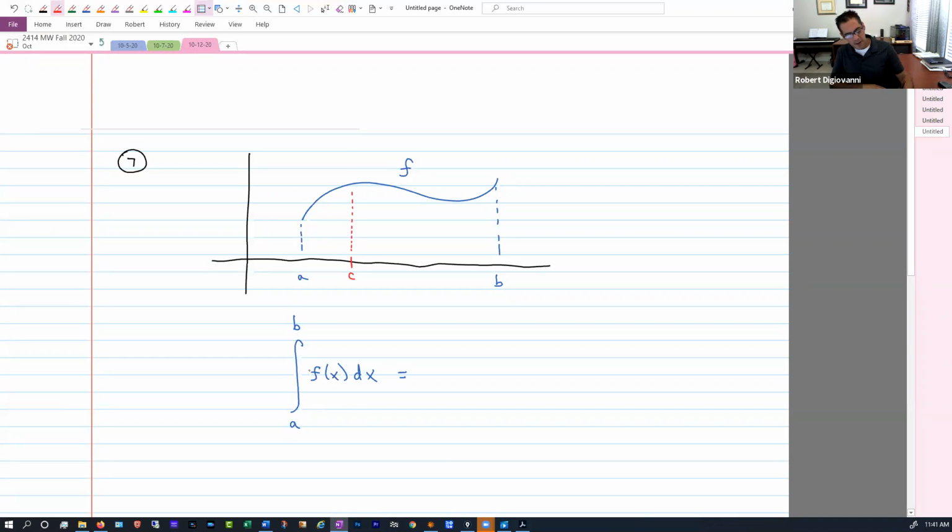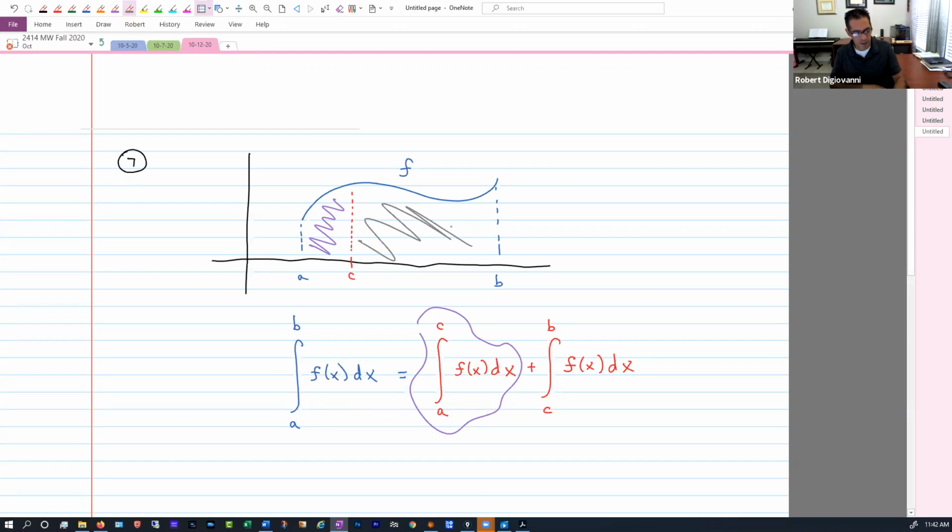It says that this area, the total area under everything, would be equal to the area from A to C, whatever that is, plus the area from C to B. So this property says that you're allowed to break up the total area into parts. You could do this piece with that integral, and then do this piece with that integral and add them together.